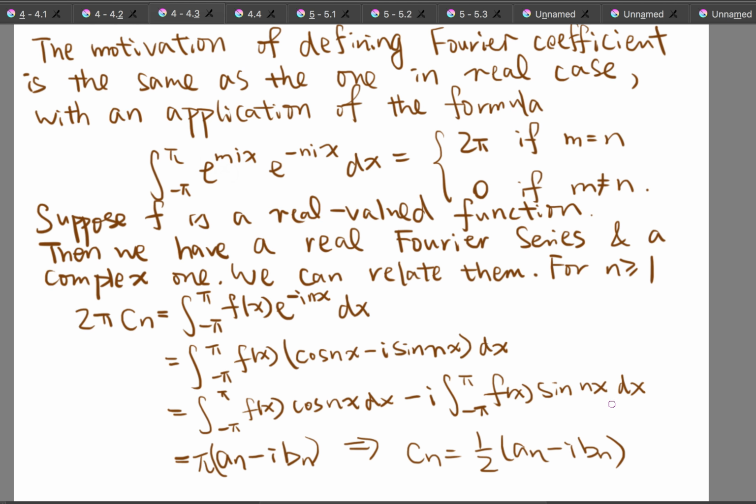And the right hand side here is equal to pi times b_n, where b_n is the coefficient of sine nx in the real Fourier series. So, if we cancel the pi on both sides and divide the right hand side by 2, we get that c_n should be equal to 1/2 times (a_n minus i b_n).